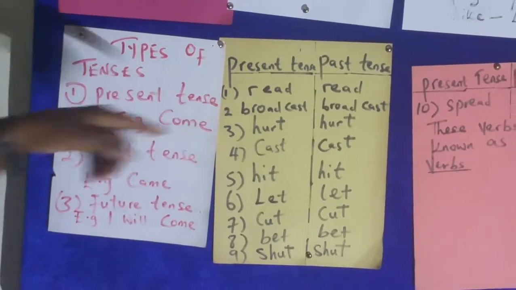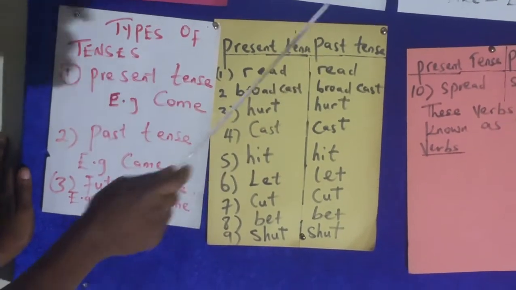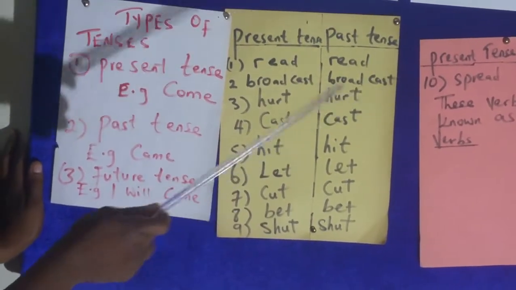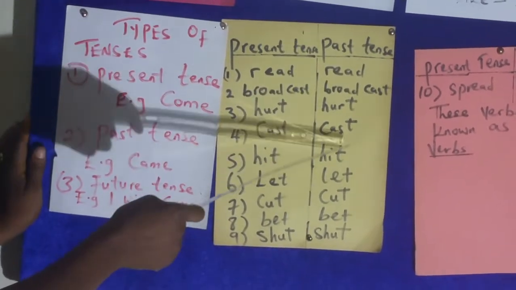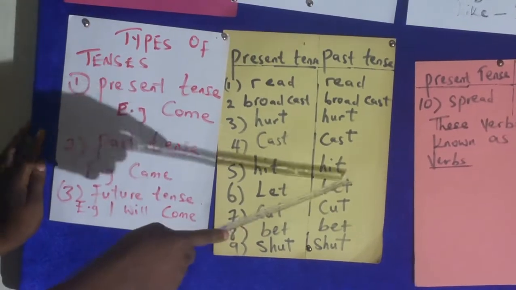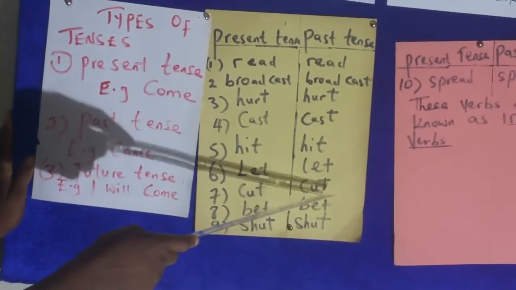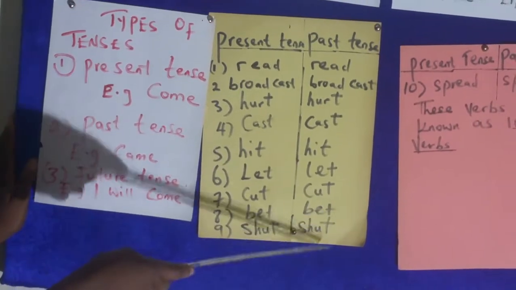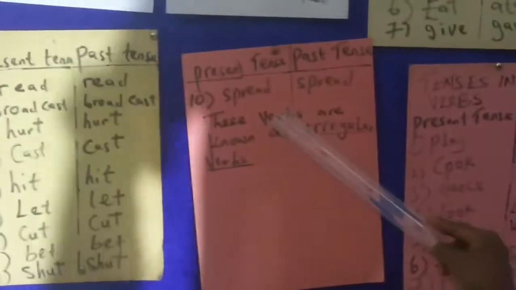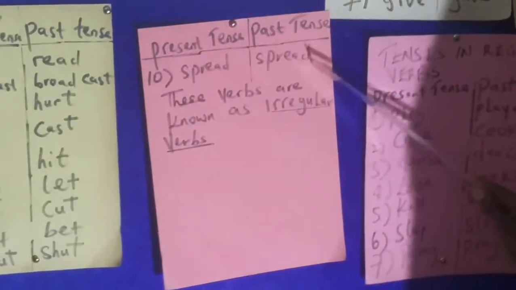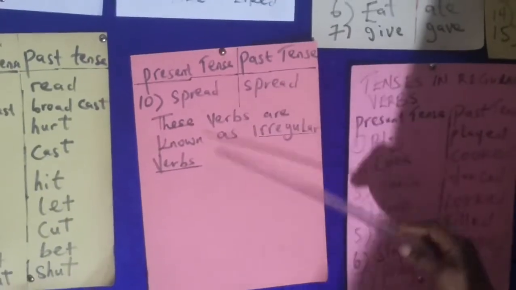I see some of you say broadcasted, nothing like that. Broadcast, broadcast. Hot, hot. Cast, cast, not casted. Hit, hit. Let, let. Cut, cut. Bet, bet. Shut, shut. Look here, we have spread, spread, not spreaded. These are known as irregular verbs in English.